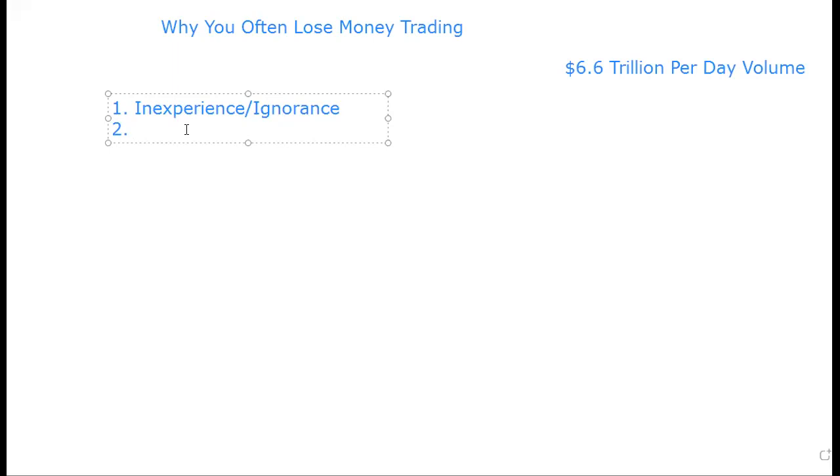The second reason, I'm still going to explain in depth, but let me just outline the points first. The second reason is indiscipline. Then the third reason is one very popular reason why people lose money, and that is poor mentorship.